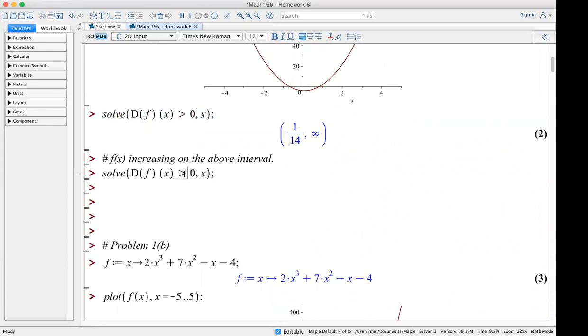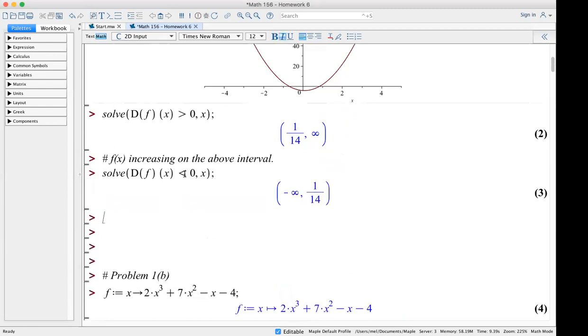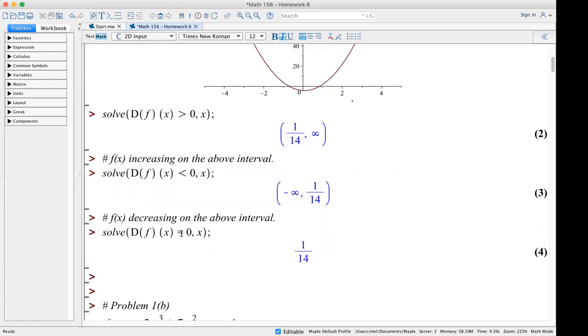Where is the derivative negative? Minus infinity to 1/14. So the function is decreasing on this interval. Of course, it's clear where the derivative is going to be 0. Where is the derivative equal to 0? At 1/14.